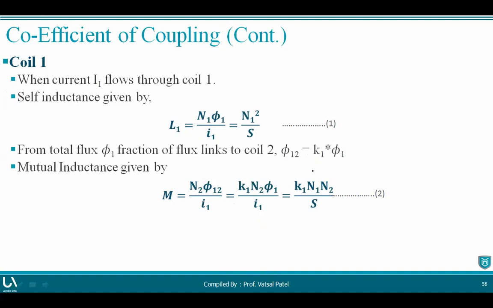So our mutual inductance is equal to K1 N1 N2 by S. In the previous discussion it was only M is equal to N1 N2 by S. The fraction we were not considering, because now we are considering the coefficient of coupling. So the fraction of the total flux linked with the other coil we consider here as K1. Are you getting up to here, all? Is there any question you have? Please write it down in the chat box section.